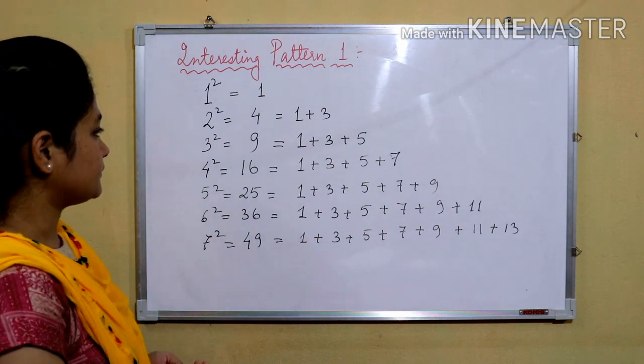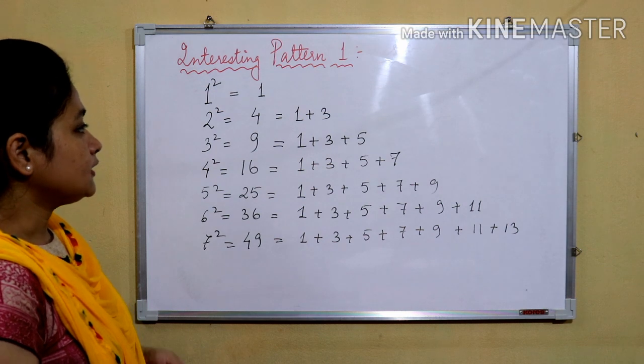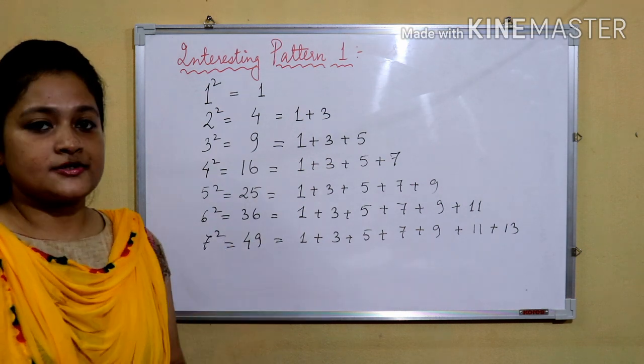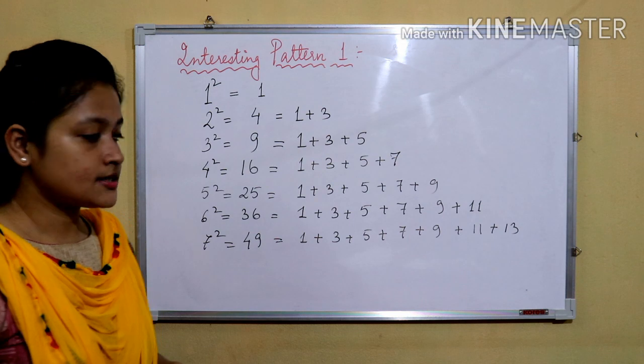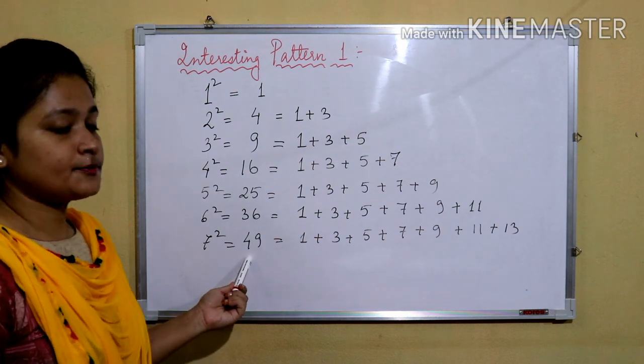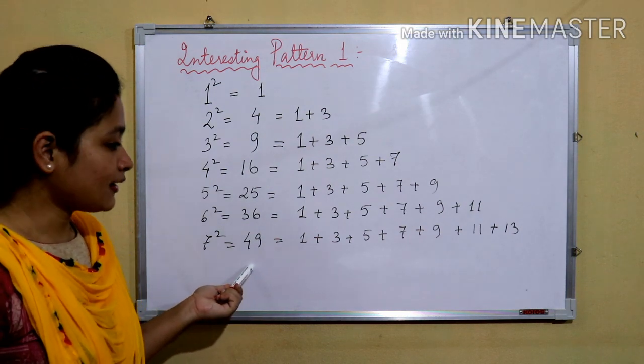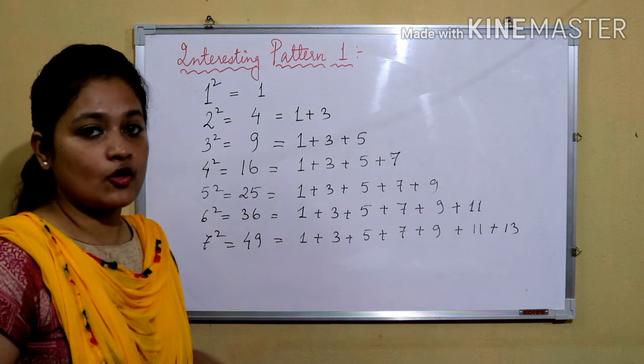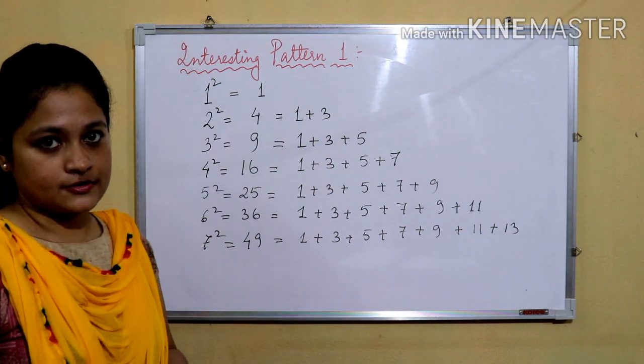So what I have written are consecutive odd numbers here. That means if a number is a perfect square, we can write it in this pattern, as a sum of consecutive odd numbers.